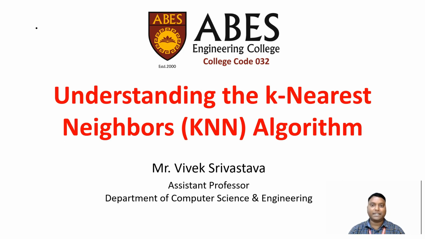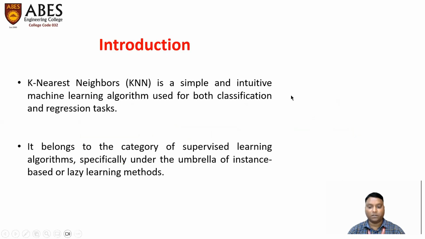So let's take a look at the concept of the KNN algorithm. If I talk about the basics of the KNN algorithm, K nearest neighbor is one of the simplest machine learning algorithms based on the supervised learning technique.